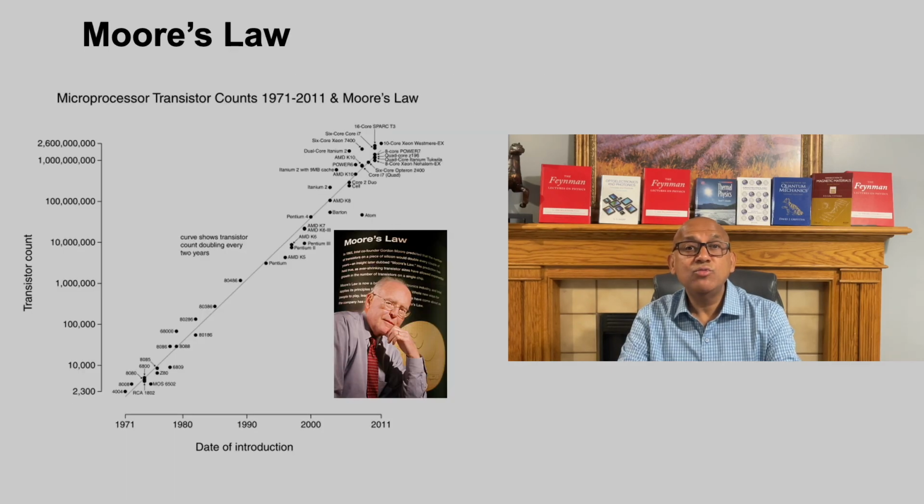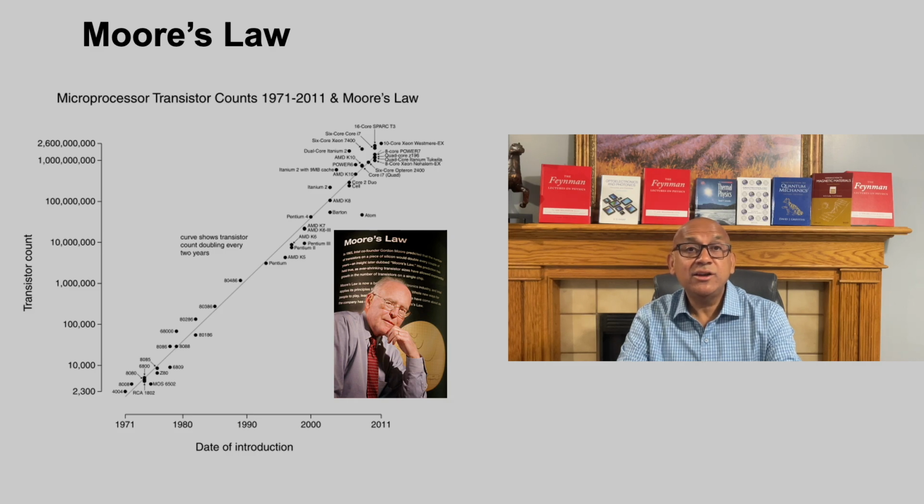This brings us to Moore's law. Back in 1965, Gordon Moore, the co-founder of Intel, made a famous prediction: the number of transistors on a chip would roughly double every 2 years. Here on the chart you can see how transistor counts have grown from just a few thousand in the 1970s to billions in modern processors.